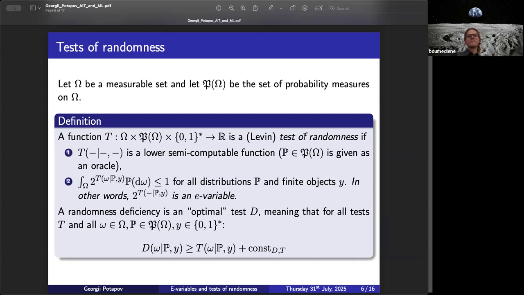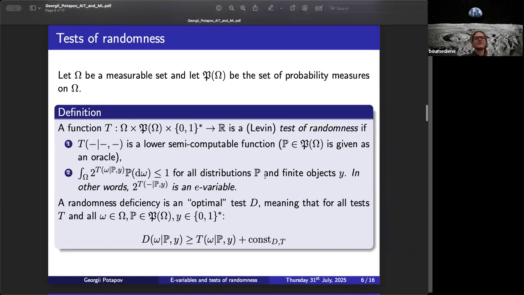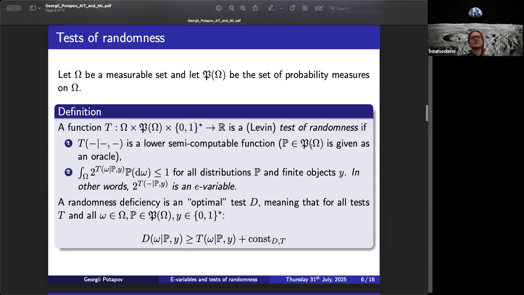There are some issues with how you define the computation here, because we would also like sometimes to consider uncomputable distributions, which we assume are provided to us as an oracle, where we can request, for example, the probability of a set within a provided error margin.